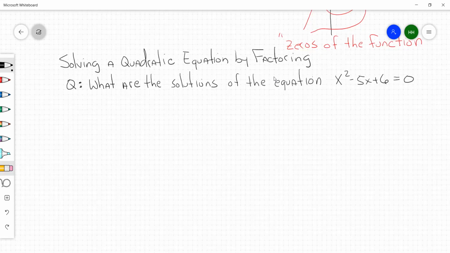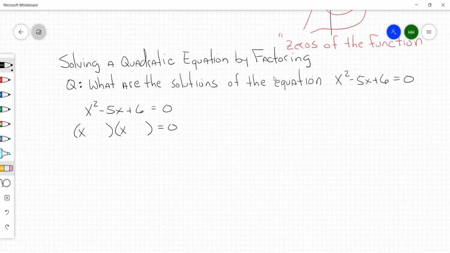So what you're going to do is factor x squared minus 5x plus 6. If you take your x squared minus 5x plus 6 is equal to 0, you're going to factor it into 2 binomials that equals 0. Since our a is equal to positive 1, we've got an x here and an x here. Can anybody give me the numbers that multiply to 6, but add to 5? 3 and 2, or 2 and 3?